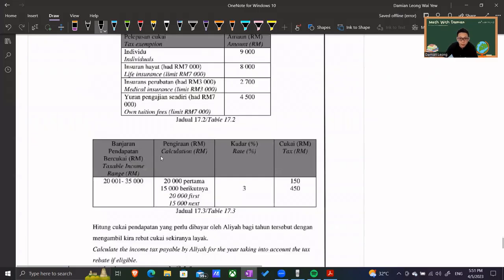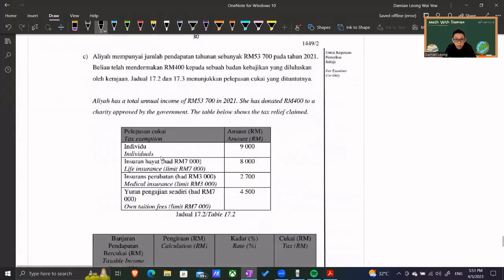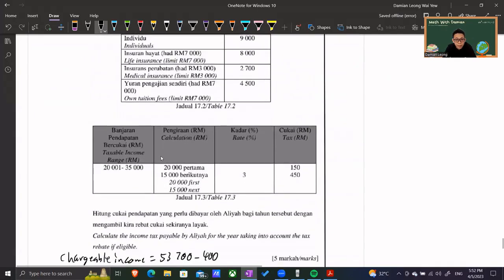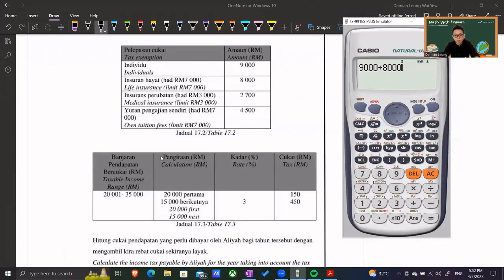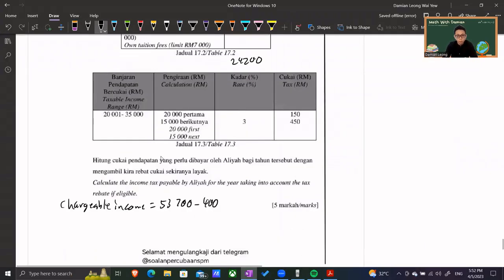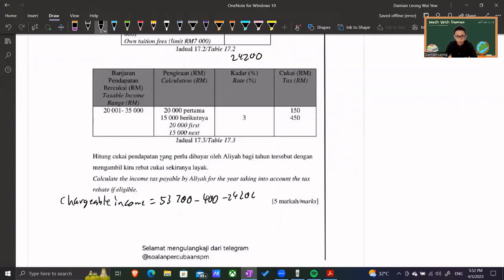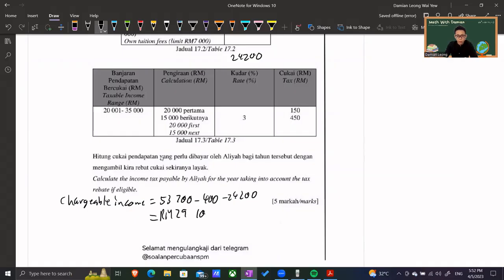The 400 is a deduction, the 400 donation. Then minus all the tax relief. Total tax relief here, let's add up 9,000 plus 8,000 plus 2,700 plus 4,500, which is 24,200. So 53,700 minus 400 minus 24,200 is 29,100 ringgit. That's the chargeable income.